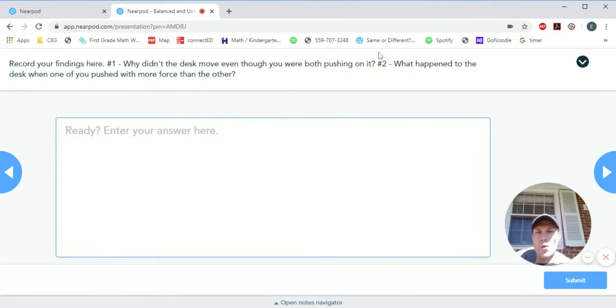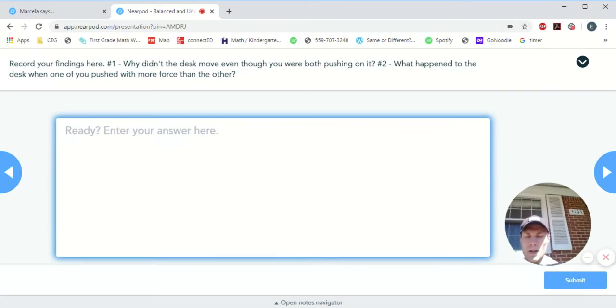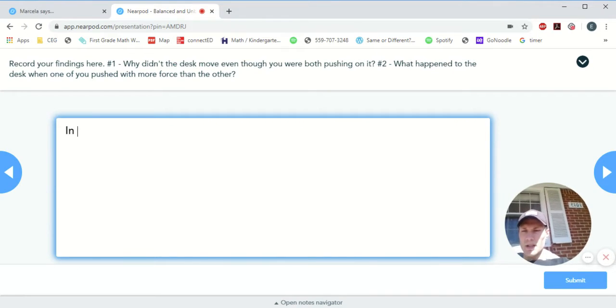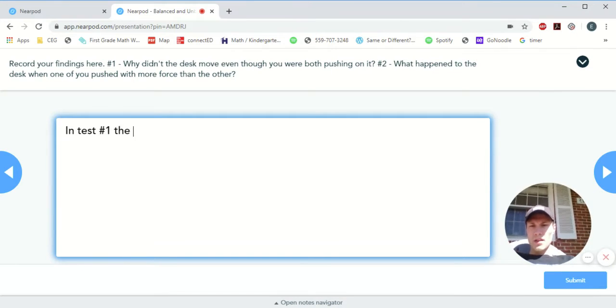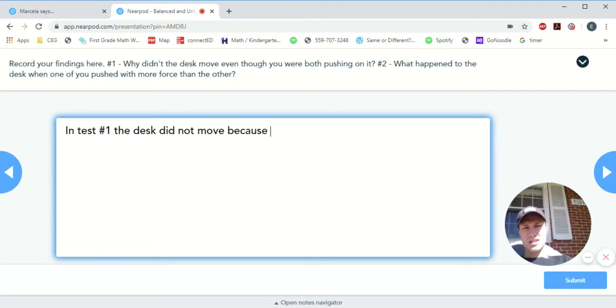So what happened for number 1? Why didn't the desk move even though both are pushing on it? So I would say in test number 1, the desk did not move because, let me think.